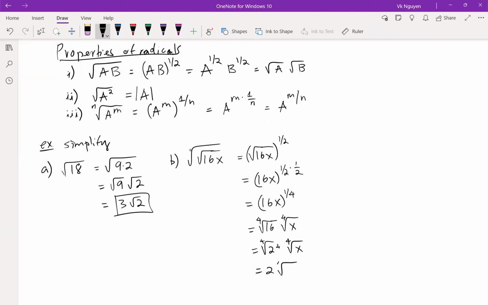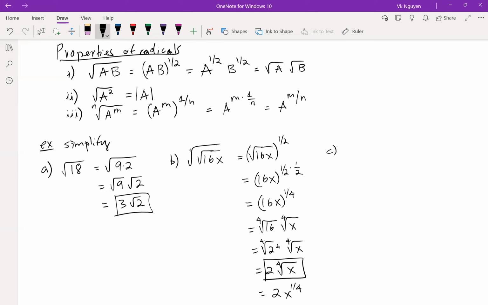So 2 times the fourth root of x. Most people prefer to write this as 2x to the 1 over 4. This form is very useful in calculus.